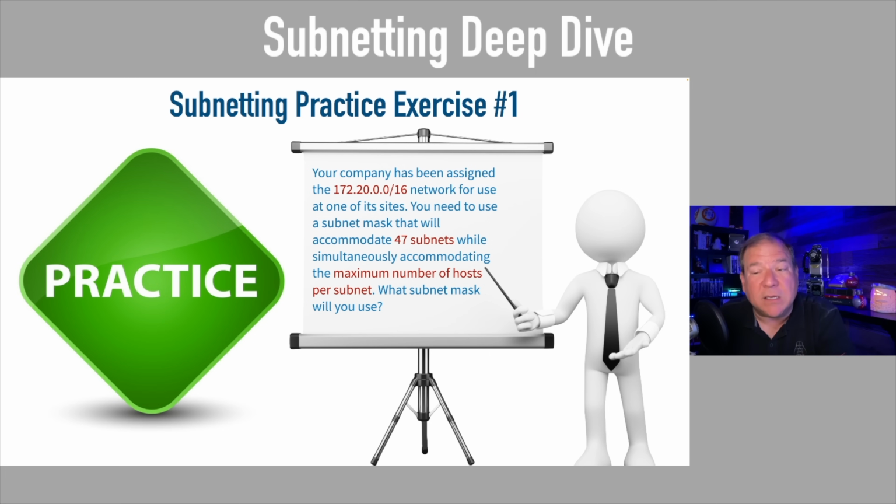You need to support at least 47 subnets while maximizing the number of hosts per subnet. That means don't use more borrowed bits than you need, because if you keep adding borrowed bits, that cuts down on the number of hosts you can have.